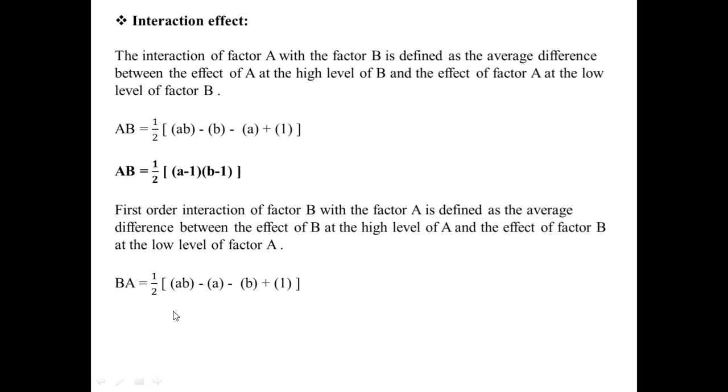So we get this equation, and it can be written as BA equals 1/2 into (A - 1) into (B - 1). So here the interaction effect AB and the interaction effect BA are the same. In this way, we have discussed the main effect and interaction effect for 2 square factorial design.